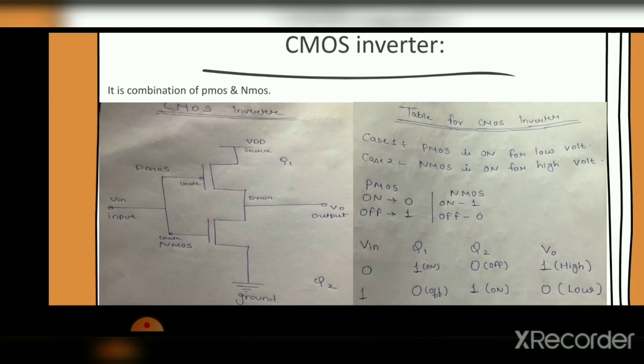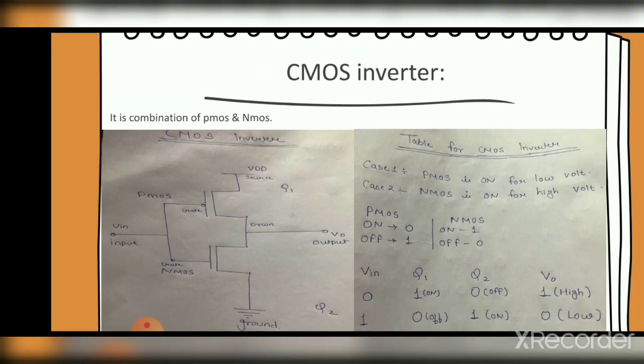So in the inverter we apply two inputs, which are 0 and 1. PMOS is on for 0 as it gets on for low voltage, and NMOS gets off for 0, as NMOS is on for high voltage. Due to Q1 we get high output by VDD in the first case when we apply 0 input.